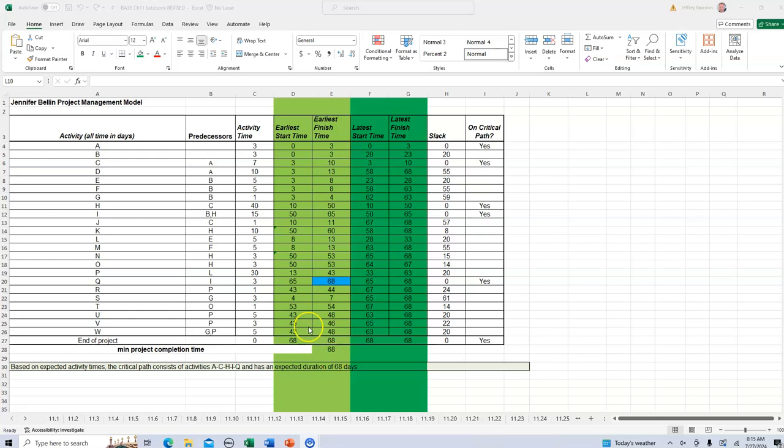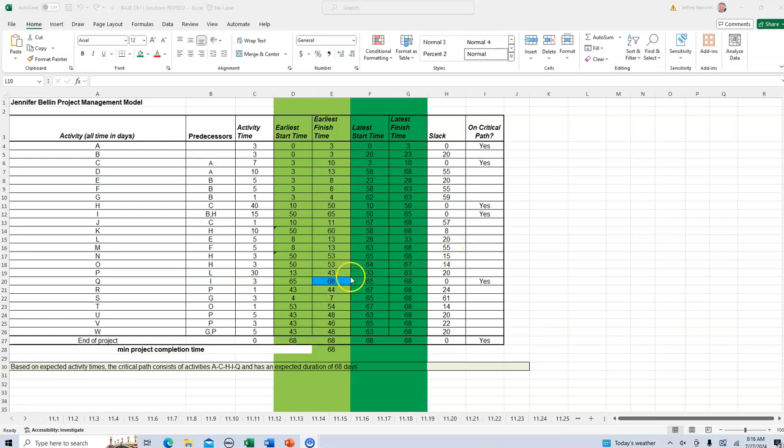Once we do that, we're going to then compute the backward pass to say not how early can each activity finish, but how late can each activity finish. And those activities that have the same early finish time and late finish time will be the activities that have no slack, meaning if those activities are extended for any purpose, then you have extended the duration of the project.